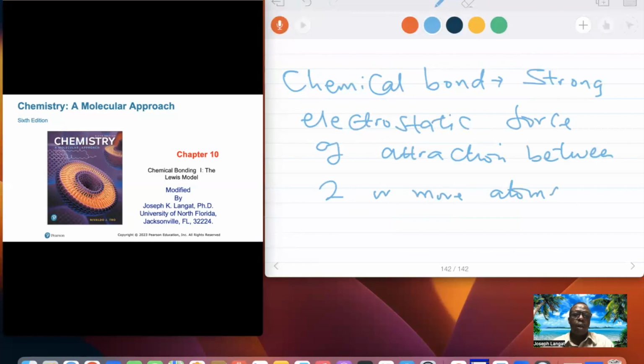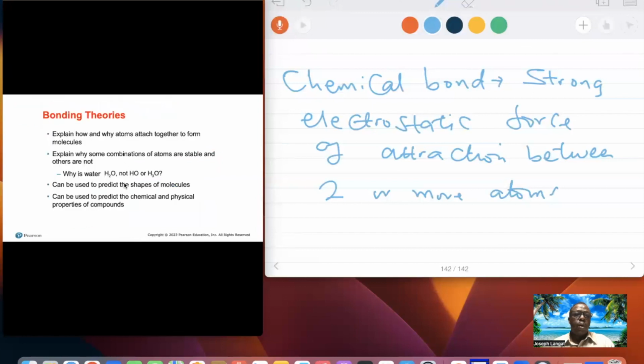That's how we define a chemical bond. In chapter 10, we will look at the Lewis model of chemical bonding.